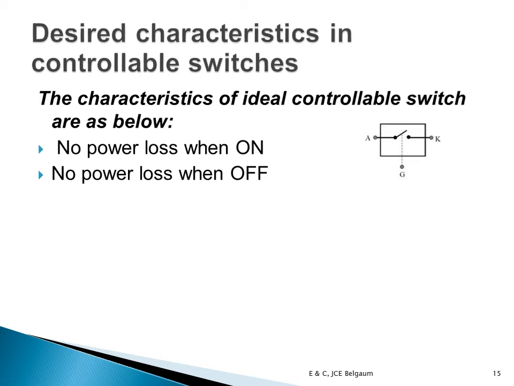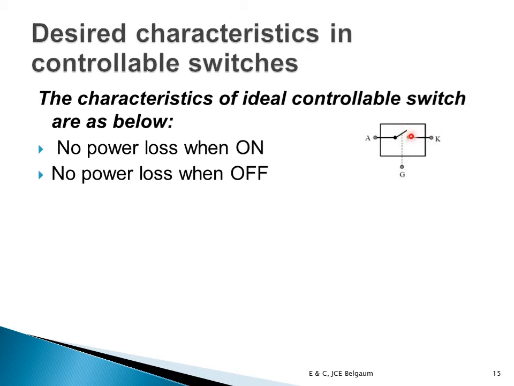What do you mean by power loss when it is off? See, when a mechanical switch is turned off, there is absolutely no physical connection between these two points. But because this switch is a semiconductor device made up of PNPN junctions, there will definitely be some leakage current flowing.